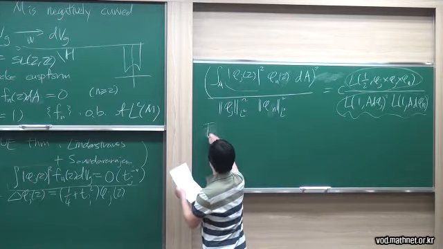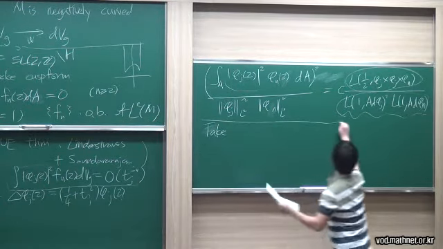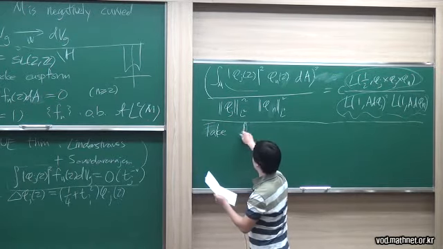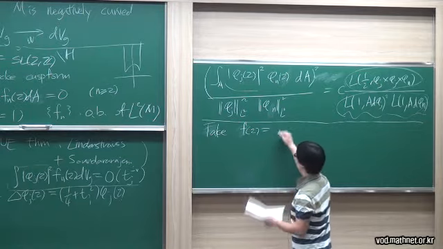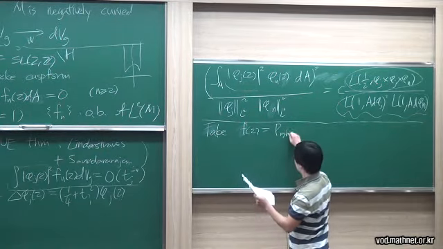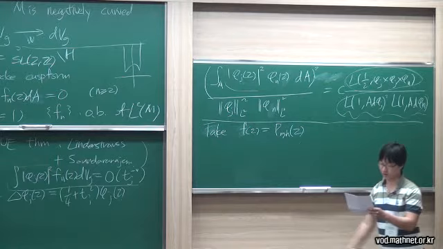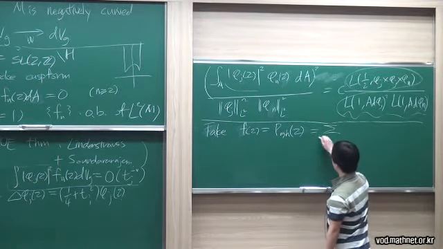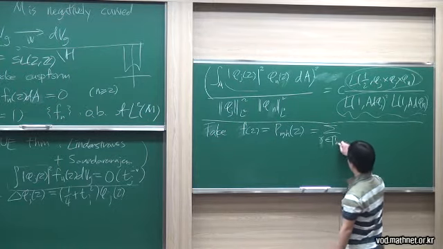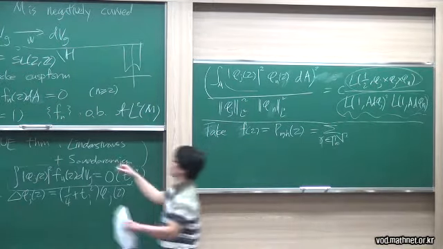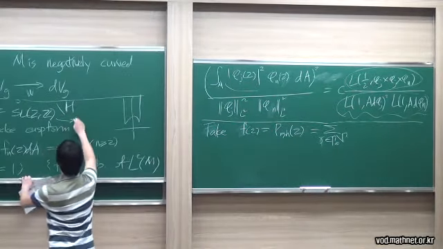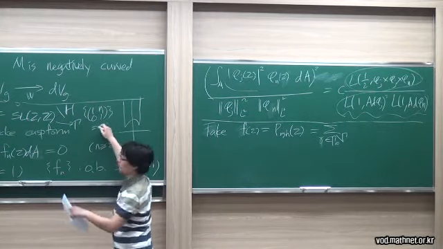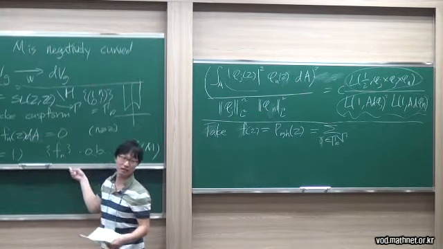So let's take f and z to be the Poincare series given by this test function h, which is by definition, for gamma inside SL2Z, let's call this parabolic subgroup gamma infinity.